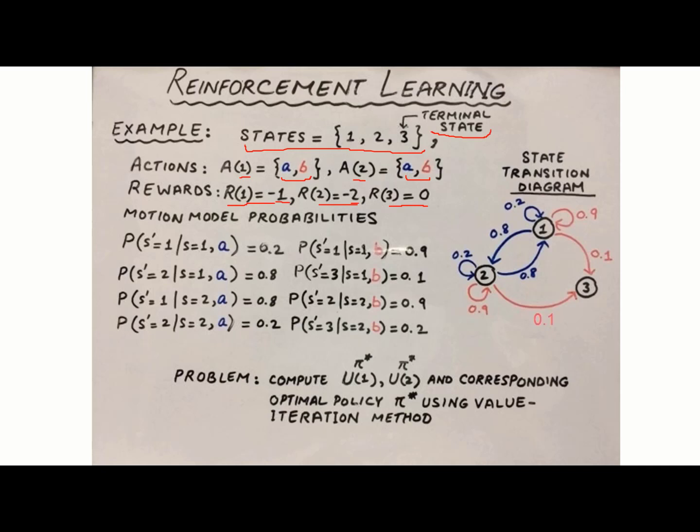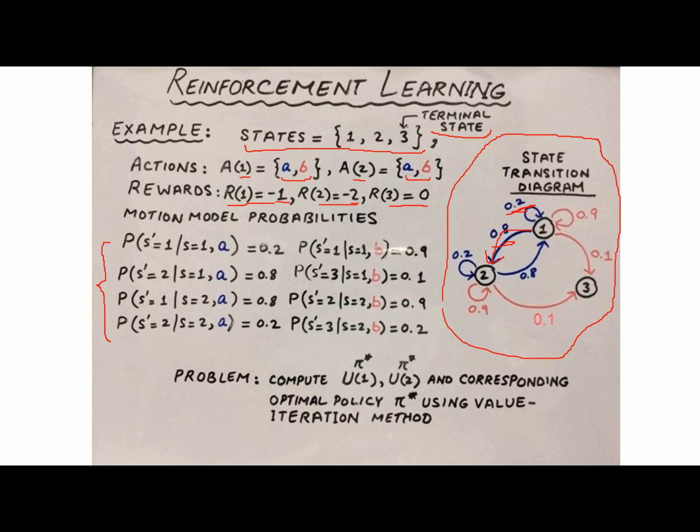We are also given the robot motion model probabilities, 8 of them. So these can also be represented by the state transition diagram. It's kind of a state machine diagram, which says that if you're in state 1 and if you take action A, then you will end up in state 2 with probability 0.8 and you will remain in that state with probability 0.2.